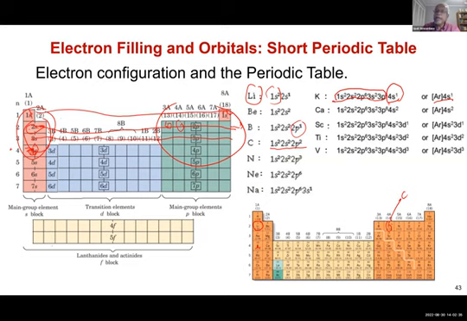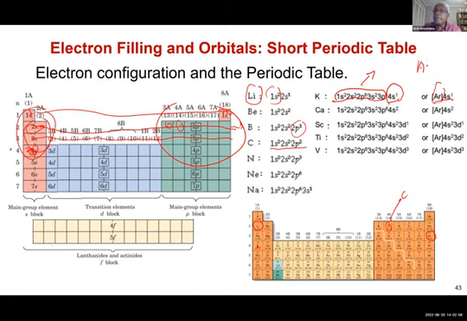Therefore, we shorten, abbreviate this to argon right here. Argon is before right here. This is argon. Helium, neon, argon. So we put the argon as the core.